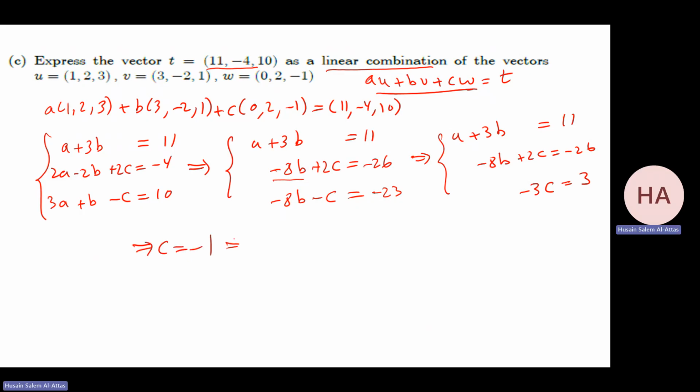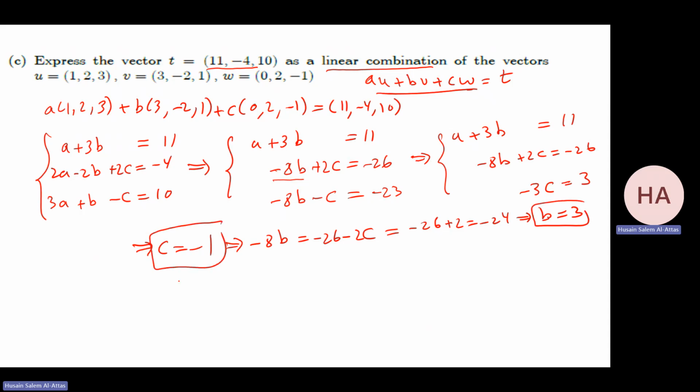If C is minus 1, then minus 8B equals minus 26 minus 2C. So minus 26 plus 2, which is minus 24. So B equals 3. That's B, and that's C. What will A be? A will be 11 minus 3B, which is 11 minus 9, which is 2. So A equals 2.